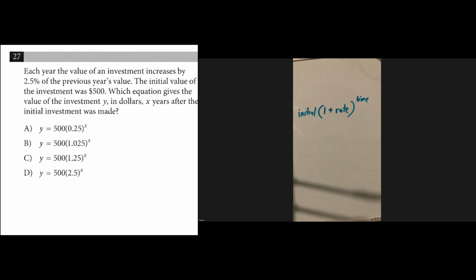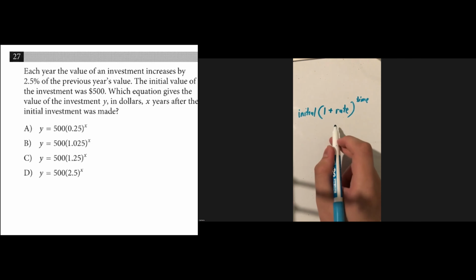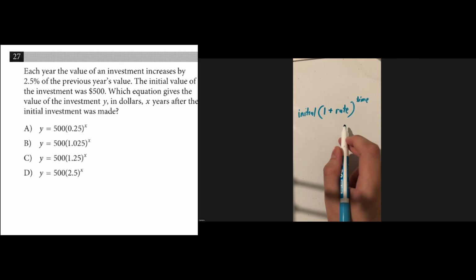Okay, so for this one, we basically just have a traditional exponential equation. And so that would just be the initial value times 1 plus the rate to the power of time. In this case, time is equal to x, so we have something to the power of x. The rate is 2.5%.